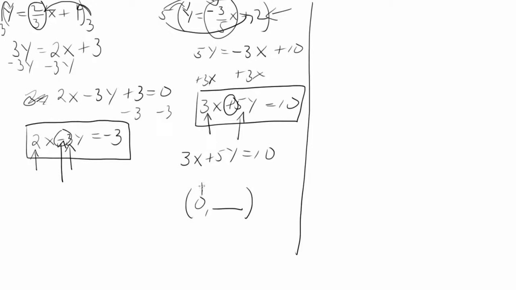By putting the 0 in for x, this term is eliminated, and then you can solve 5y equals 10, divide both sides by 5, and you get y equals 2. So if I know the equation in standard form, it's very easy to get the y-intercept, and the slope for that matter.